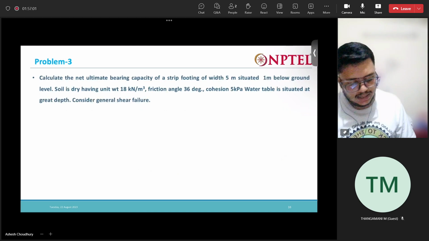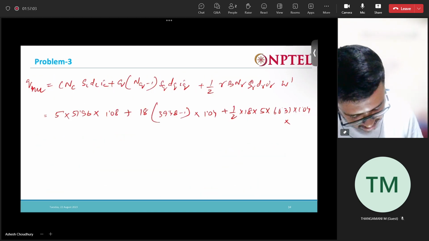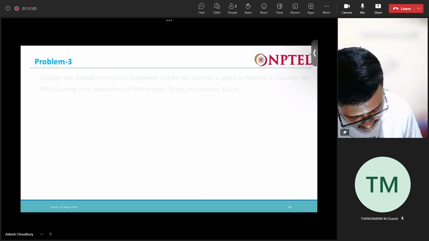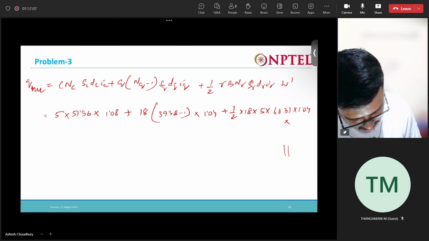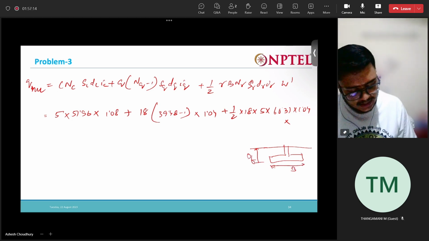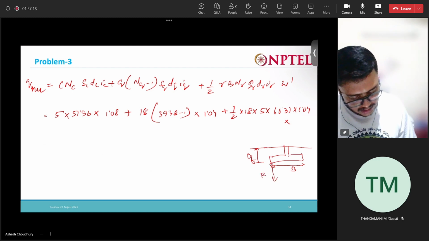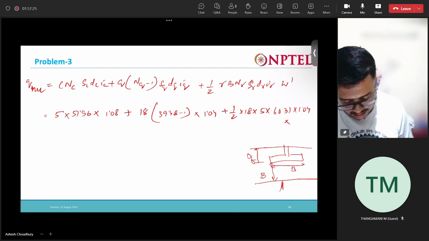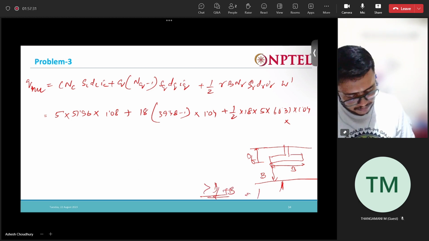See, if you have a foundation, the depth of the foundation is Df and this is B. If the water table lies below Df plus B, then this W dash will be 1.